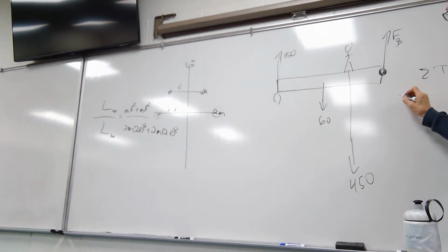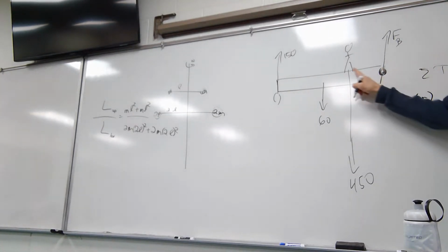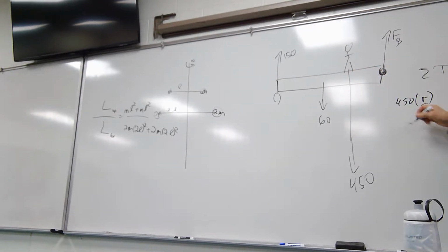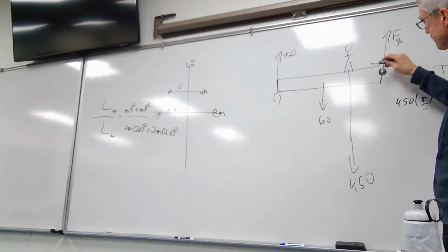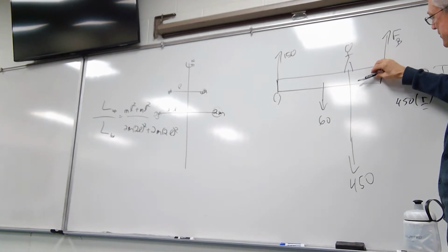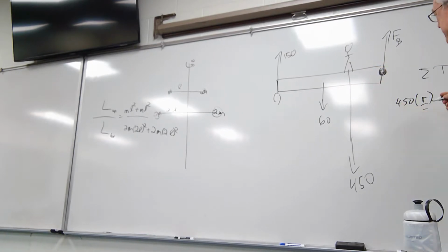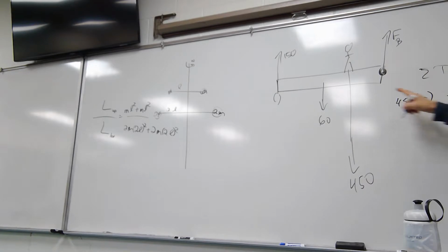So you've got to add up all the torques. The 450 is times R, because that's what we don't know: how far is the person's weight from the brick? That's our unknown. By the way, with the pivot point here, that's tending to make it rotate counterclockwise, which is positive. The board's weight would also be positive, so plus 60, at a distance of 4, because it's right in the middle.